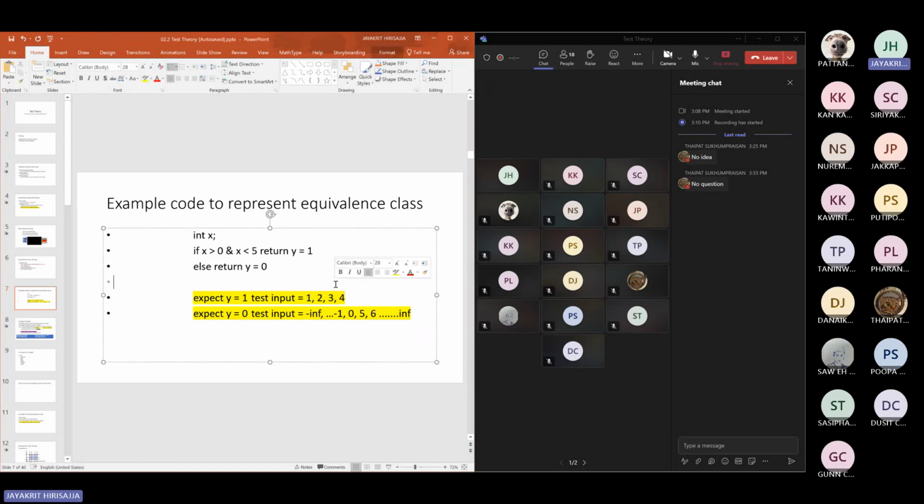So how many equivalent classes here? 2 or 3.